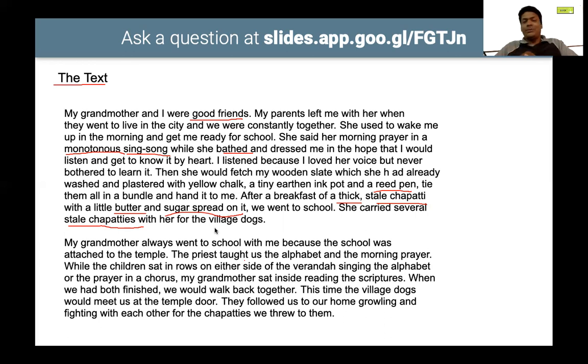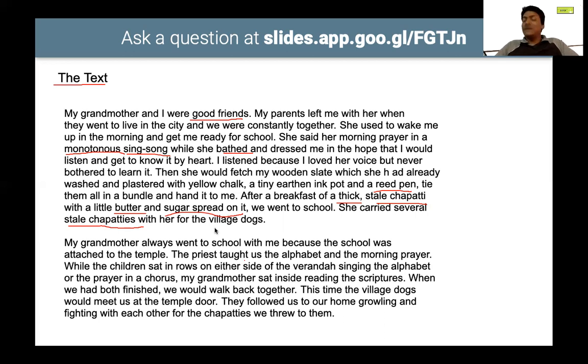Stale means something not fresh, right? So she carried several stale chapatis with her also while taking the writer towards school. Why? For the village dogs. The writer also stated, "My grandmother always went to school with me," right?